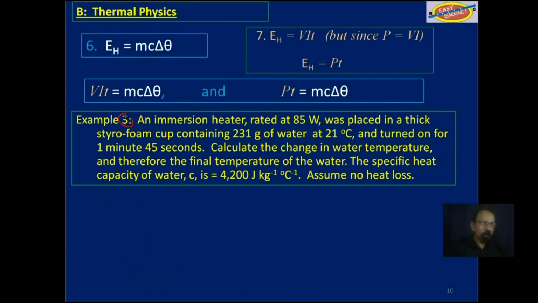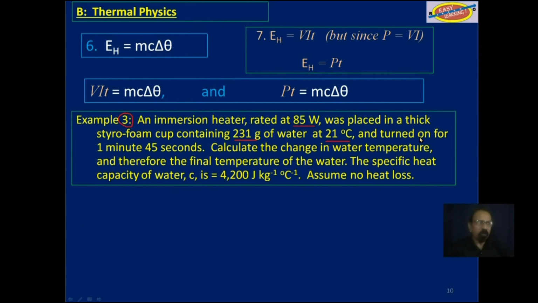Example 3, and it will now get a little more complicated. An immersion electric heater rated at 85 watts was placed in a thick styrofoam cup containing 231 grams of water at 21 degrees Celsius.